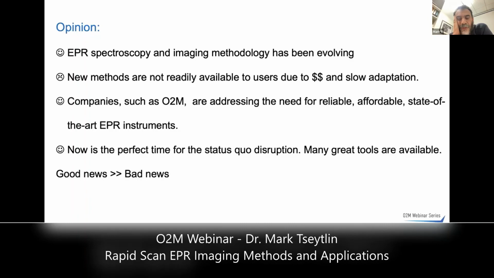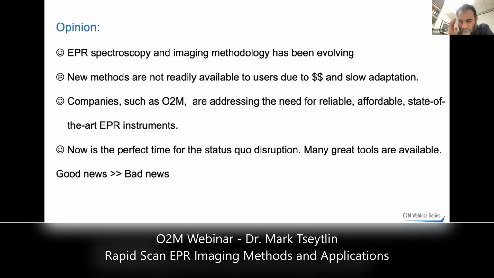So now it's really great times for status quo disruption. And another good news is, as you see, there are more good news than bad news.